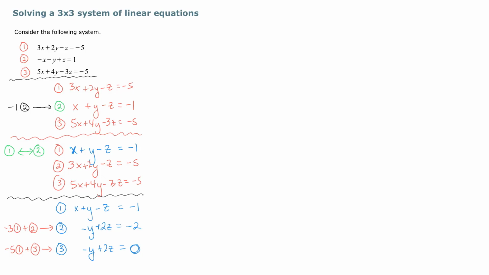All right. Now from here, I'm going to move over here and reorganize this system again. I'm going to keep the same equation 1. Let me move that over a little bit. I need to save myself some room. Keep the same equation 1, which is x plus y minus z is equal to negative 1.